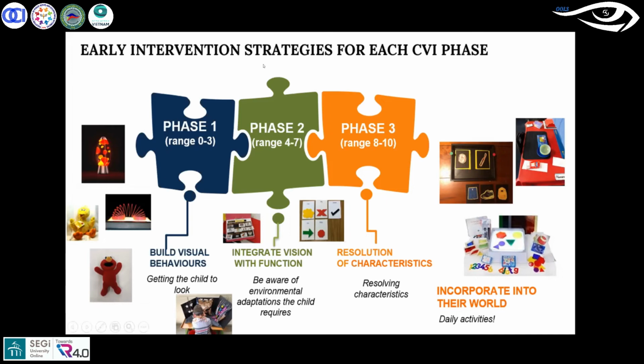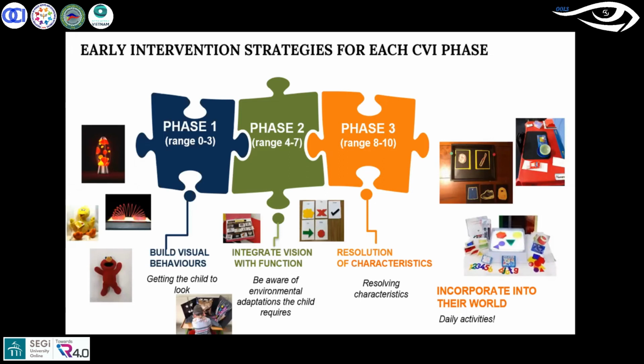And what happens in phase 2? Phase 2 is where we want to integrate vision with function. Based on the skills developed in phase 1, we advance them to phase 2 and make sure that they can look and at the same time know the cause and effect of what they are looking at.